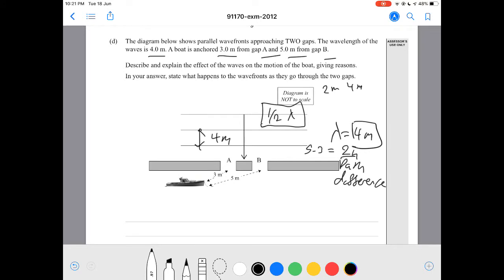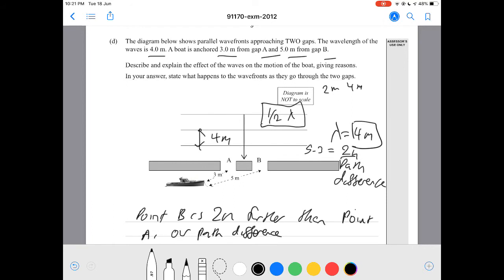So point B is 2 meters further than point A. Our path difference is 2 meters.